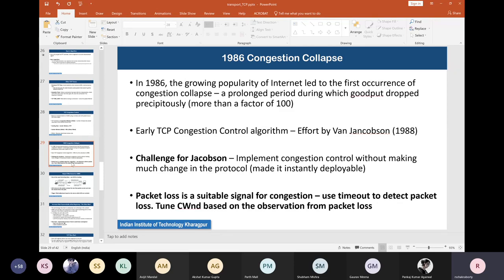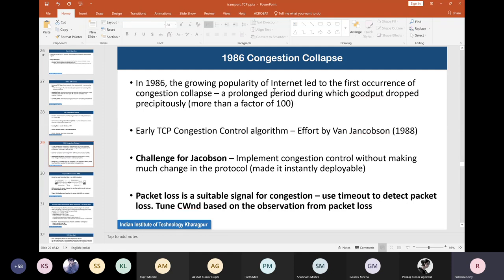Around 1986, networking was growing in popularity. You shouldn't call it exactly the World Wide Web; that is a different concept which came more into existence from the 1990s, but still internet networking was increasing, even across countries.